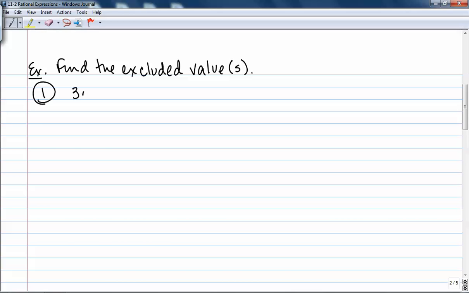The first one is 3x minus 2 divided by x plus 7. So what we're looking for is what number do I plug in for x that will make the denominator of this fraction 0. So all I do is I take the denominator, x plus 7, set it equal to 0, and then solve that.